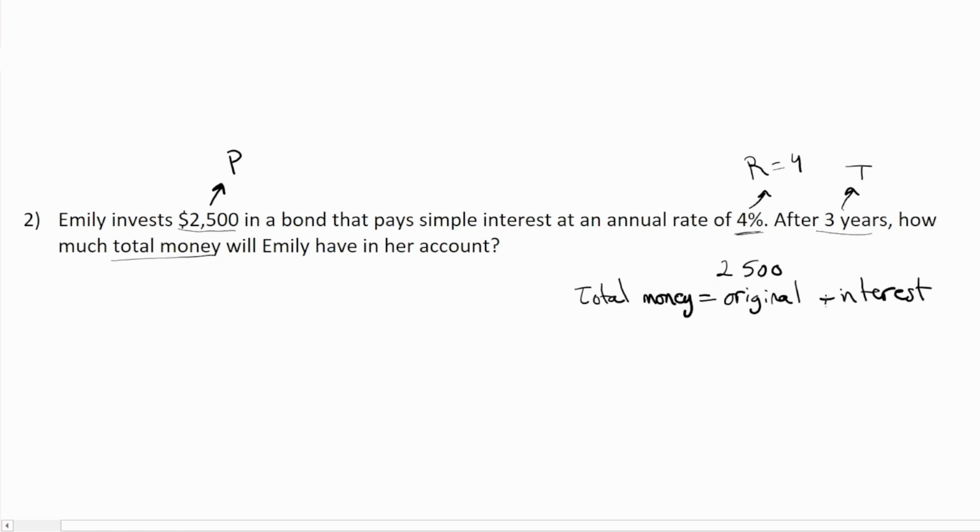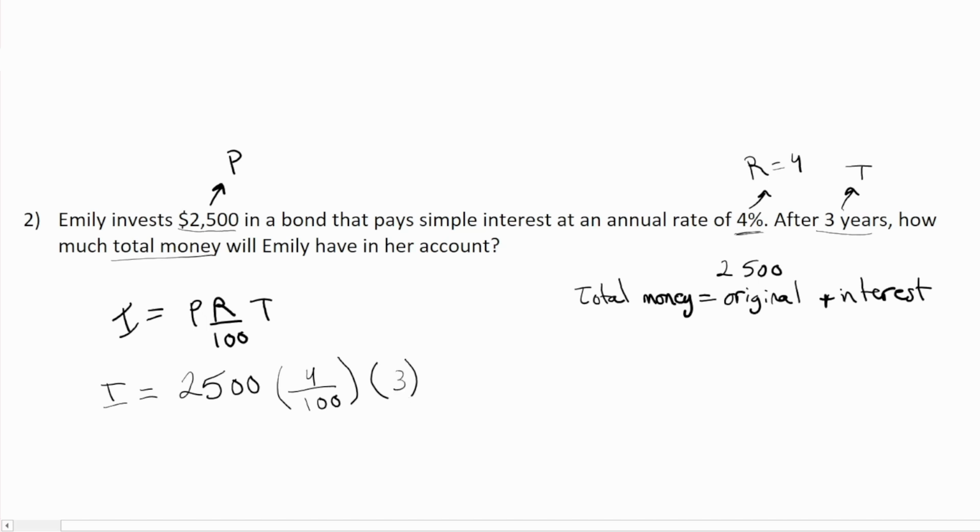So we're going to need to go ahead and find the interest using I is equal to P R over 100 T. So the interest is as follows. P is 2,500. R is 4%, so 4 over 100. And T is 3.